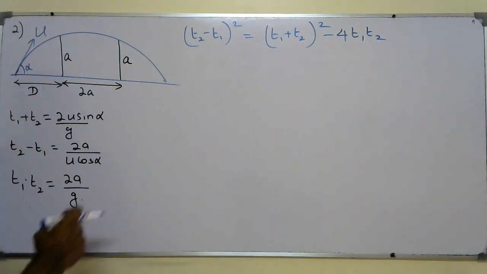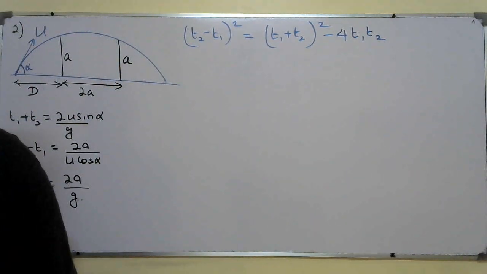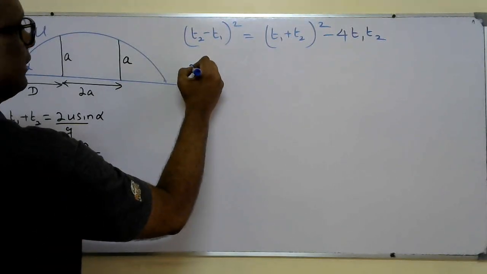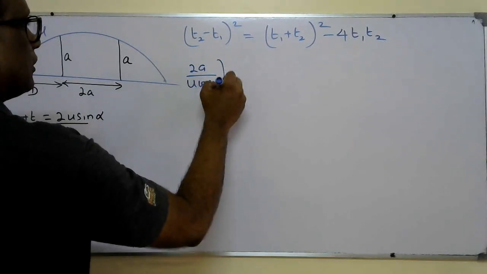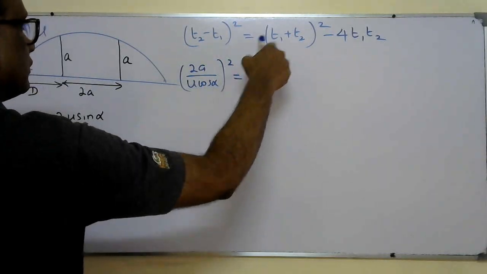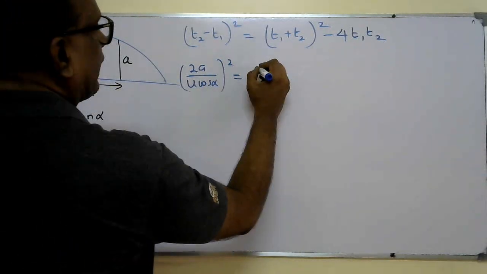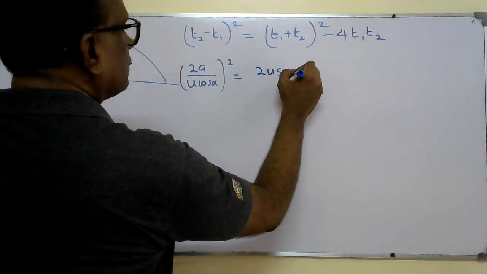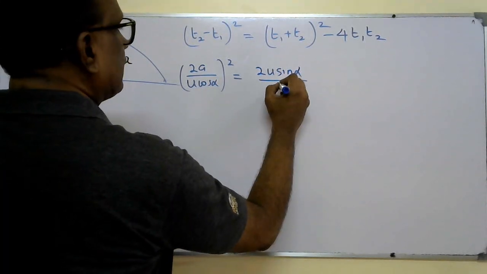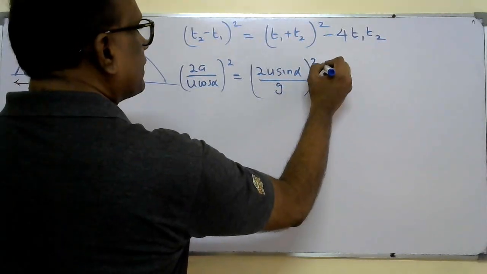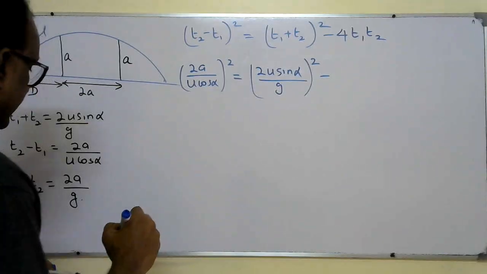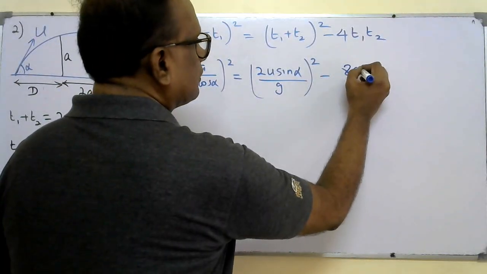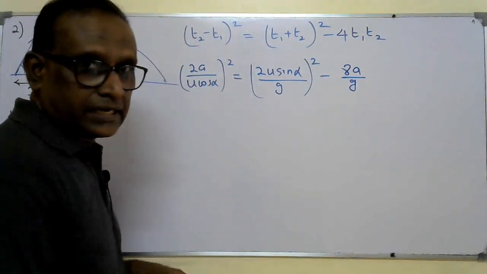Okay. So t2 minus t1, I know that is 2a over u cos alpha, all squared, equal to (t1 plus t2), 2u sin alpha over g, all squared, minus 4 t1 t2, 4 into 2 is 8, 8a over g, right?